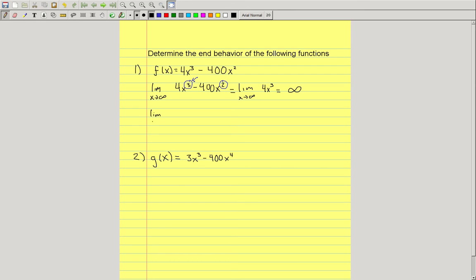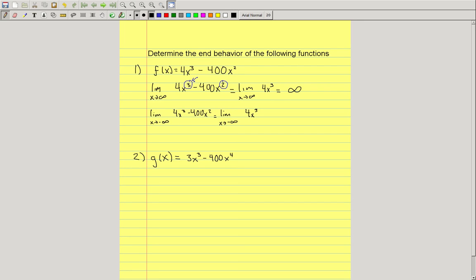Next, we are going to look at the limit as x approaches negative infinity of our same function. Again, we know from our theorem on the previous page that the behavior of this function is dominated by its largest degree term.